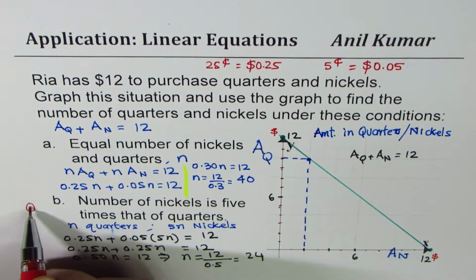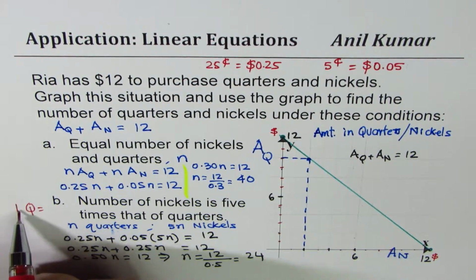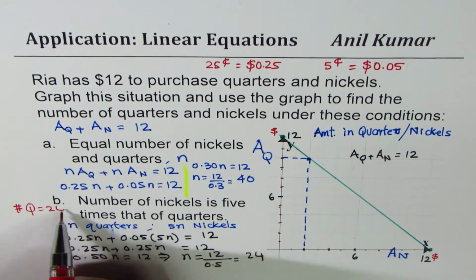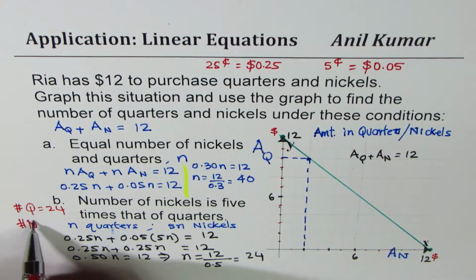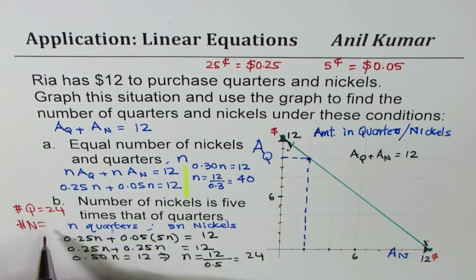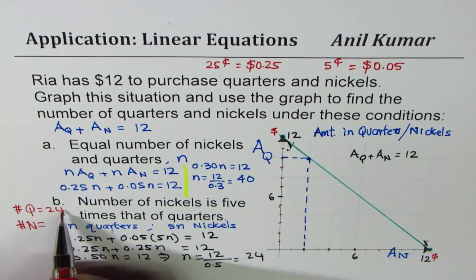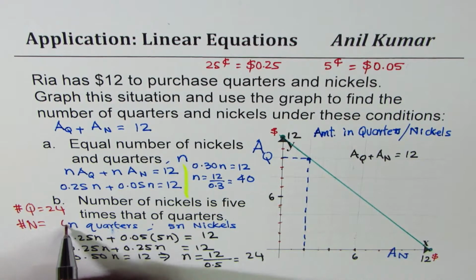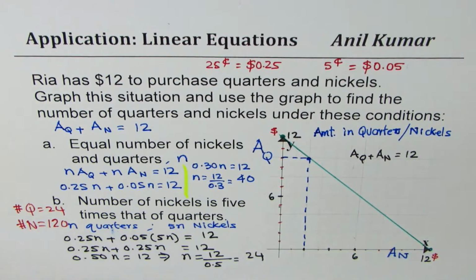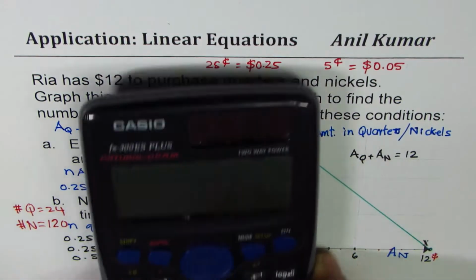As far as quarters are concerned, the number we're talking about is 24, and the number of nickels is 5 times 24. So 5 times 24: 5 times 4 is 20, 5 times 2 is 10, so it's 120, right?